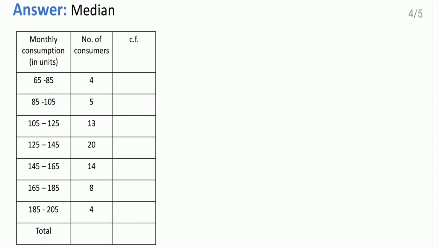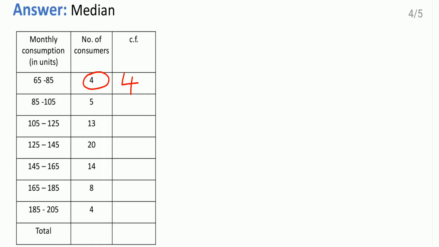Now, how to find out the cumulative frequency? If I say there are how many consumers who are using less than 85 units. So, 4 consumers are there. So, here I'll write down 4.